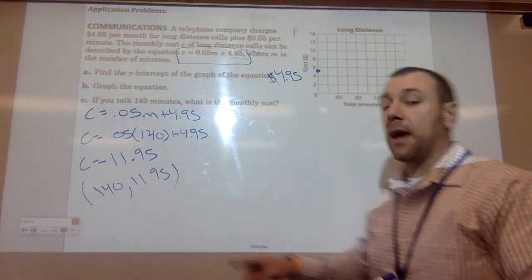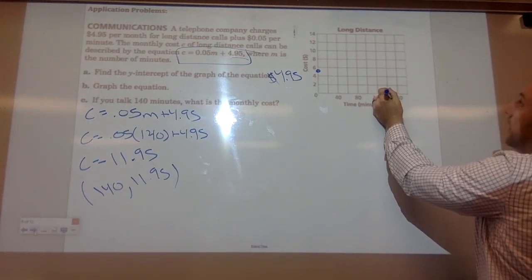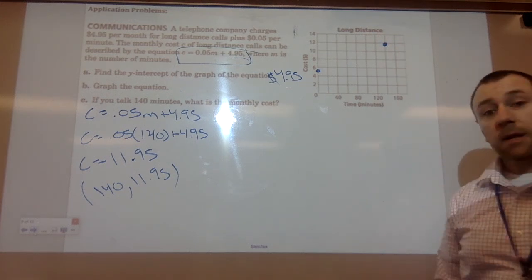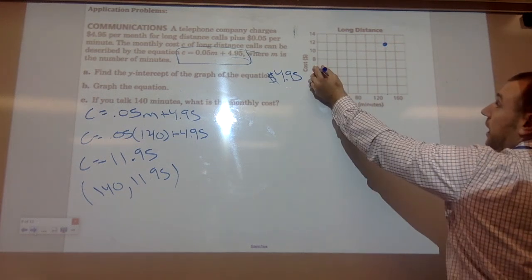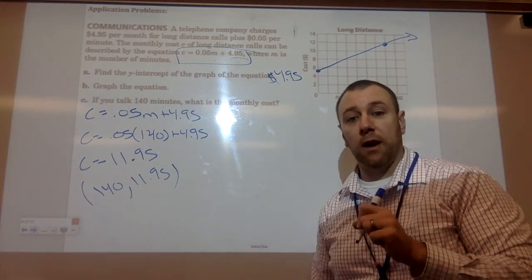Well, I can plot that point on here. I know 140 is here. I know 11.95 is really close to the 12 mark. The minute I have 2 points, I can now plug in and graph my line.